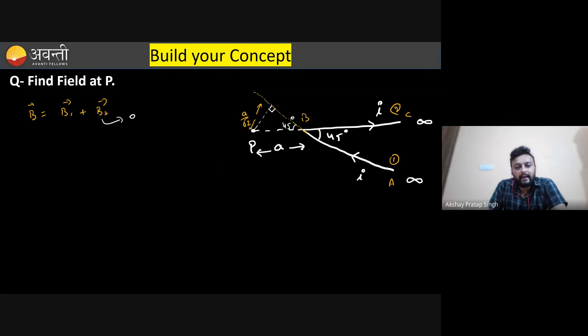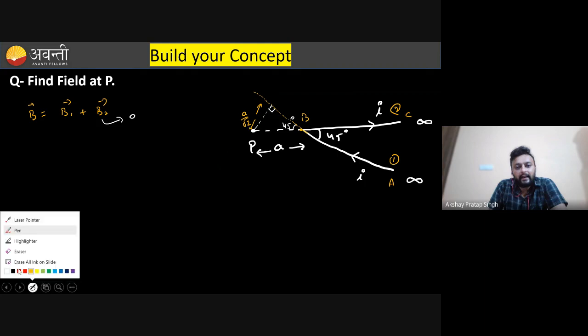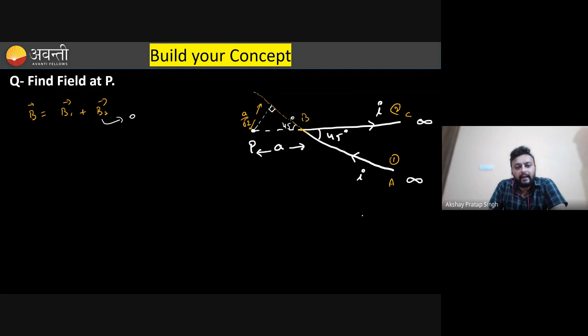Now, what are the angles? Can you see that? This is the end A and this is the end B. And how much angle does it make? If I change the color of the pen, to recall what you have learned in the previous topics, this is wire AB.